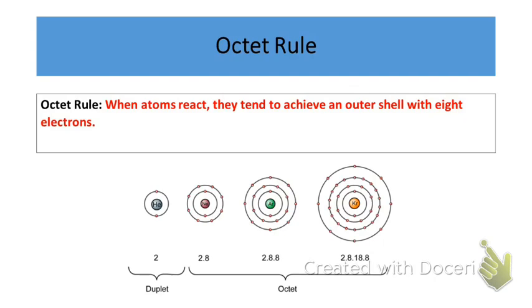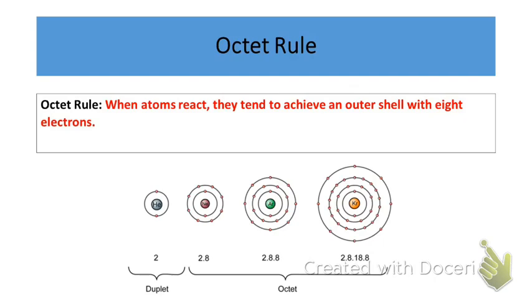The octet rule is the rule of 8, 8 being the magical number. All these atoms want to achieve an octet, giving 8 valence electrons in the outer shell. We see that with all the noble gases, with the exception of helium, which only has 2 valence electrons in its outer shell to have a full shell.